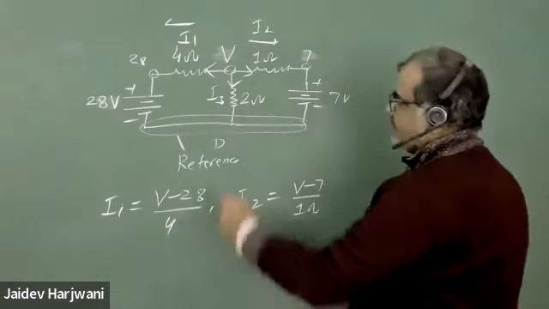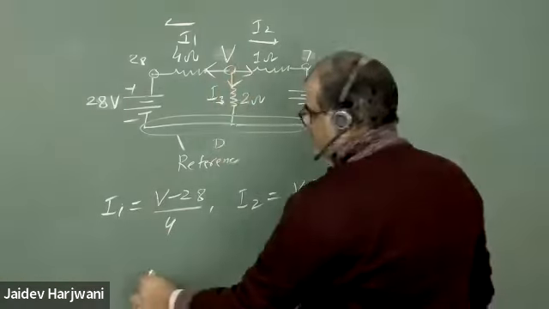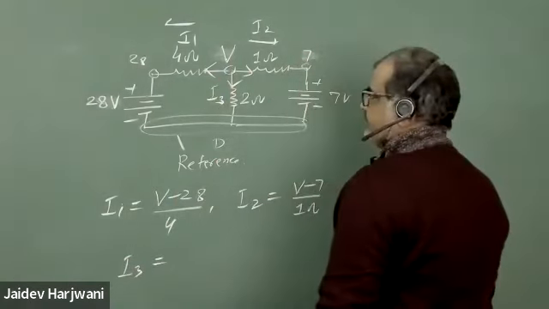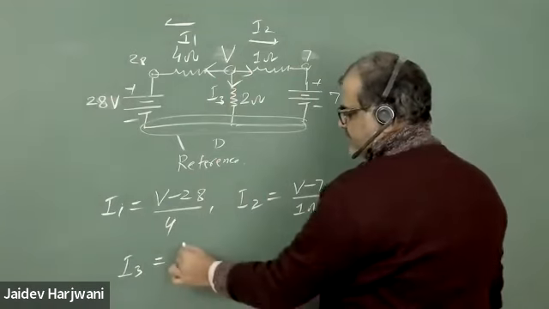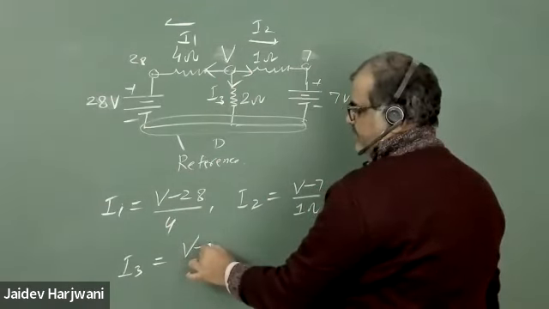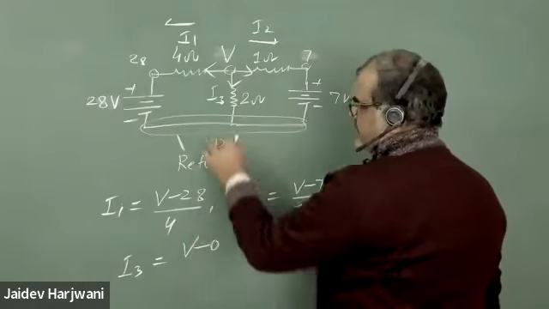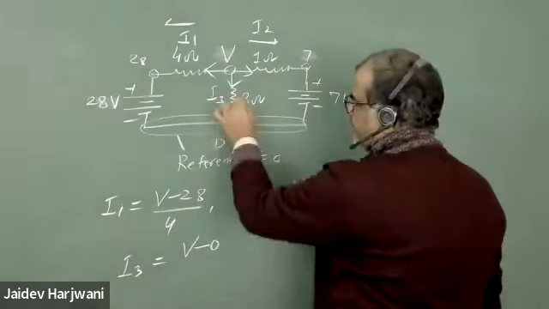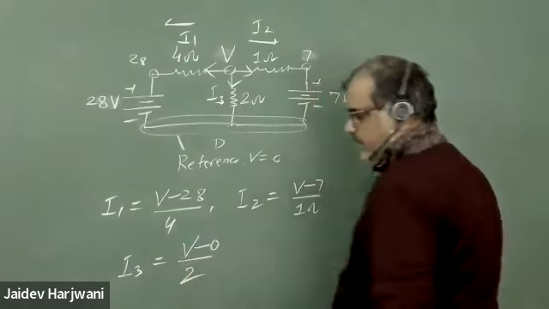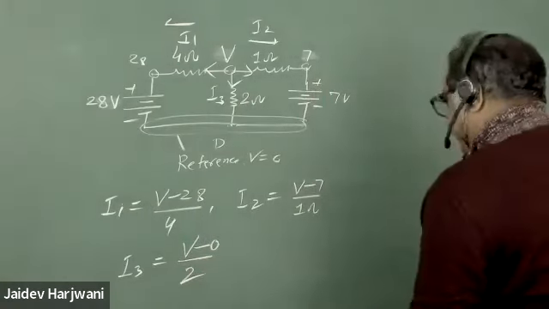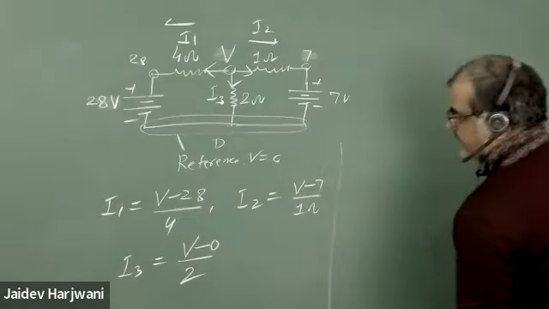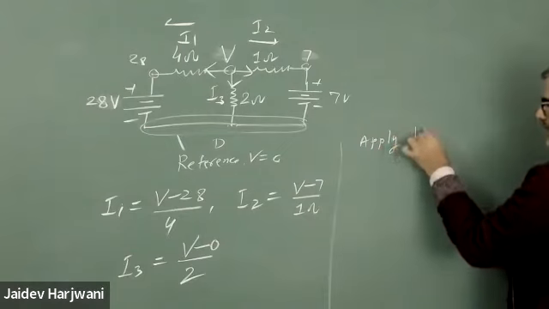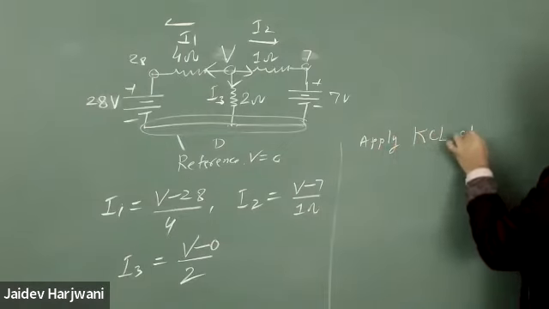Now I3 equals V minus 0, because this is the reference node, so it has voltage 0, divided by 2. So this is your equation. Now apply KCL. Very simple technique: apply KCL at the unknown node.